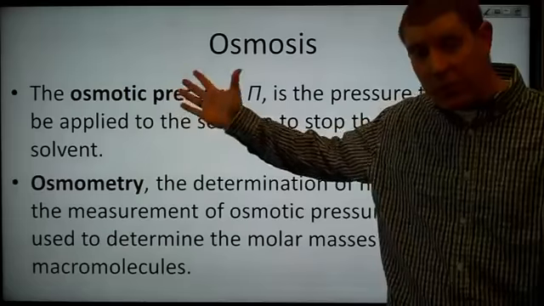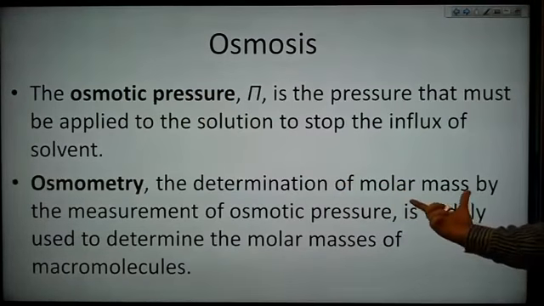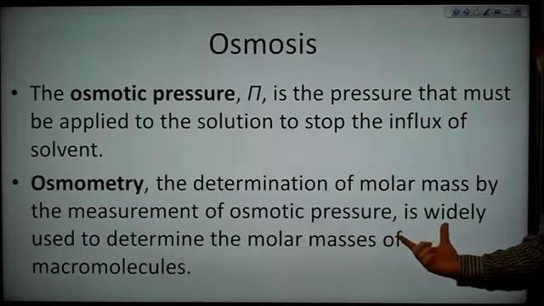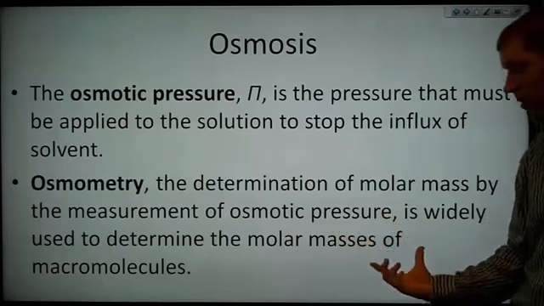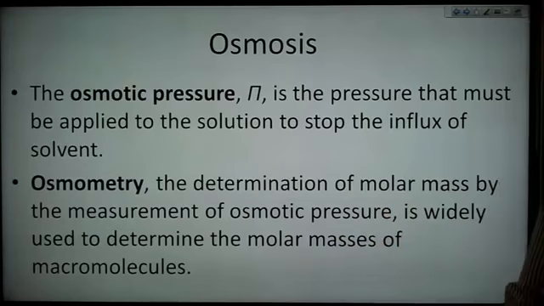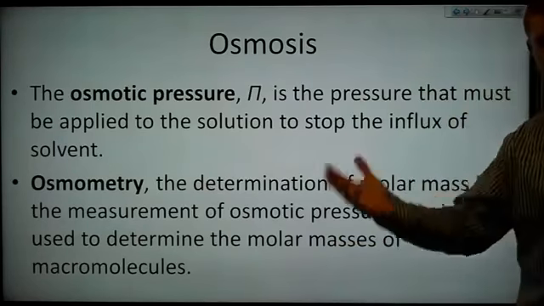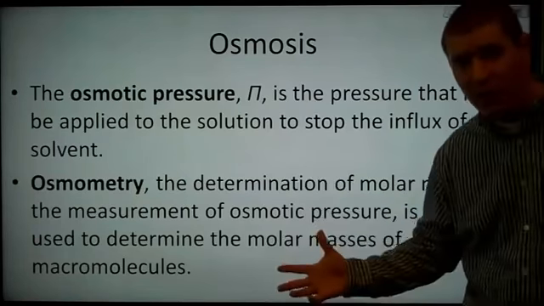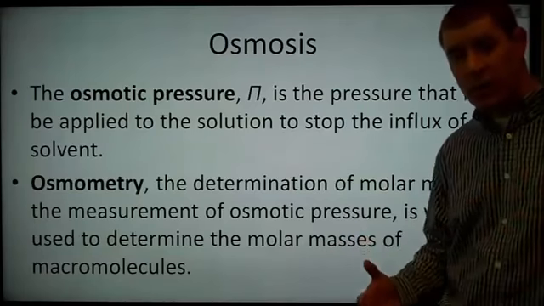The measurement of what that pressure is called osmometry. So this is our determination of molar mass using the measurement of osmotic pressure. We often use this to determine the molar masses of macromolecules, because for very, very large molecules with molar masses of 1,000 or more AMU, those molecules are really hard to measure the molar mass of in some other ways.